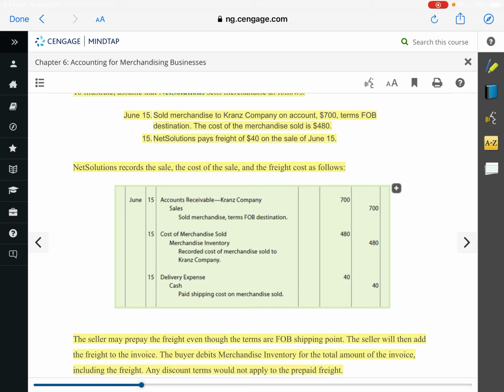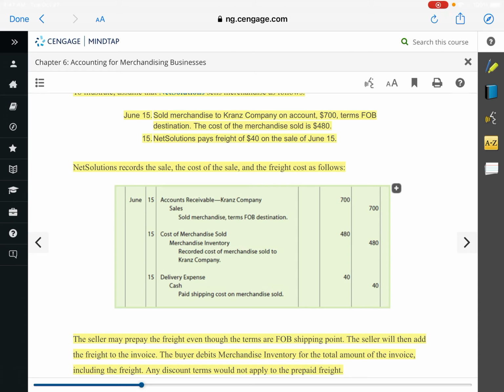The cost of the merchandise is $480. Net Solutions pays freight of $40 on the sale of June 15th. You will very likely see a question very similar to this on the test. Okay, so that's all that it's going to say, but there's a lot to unpack from those three sentences.